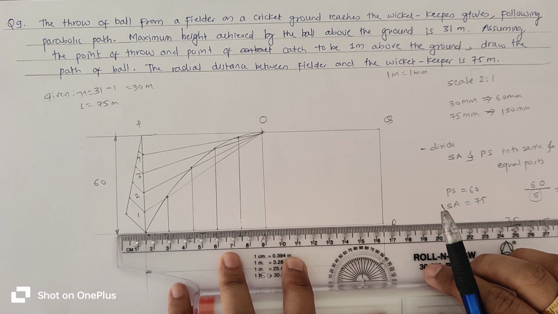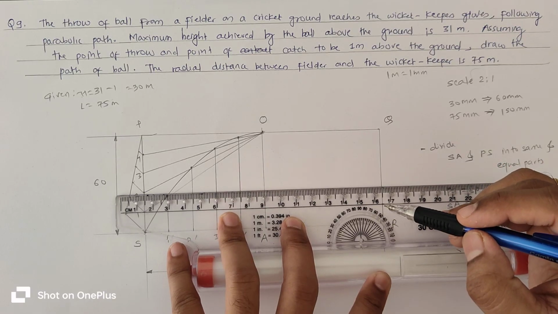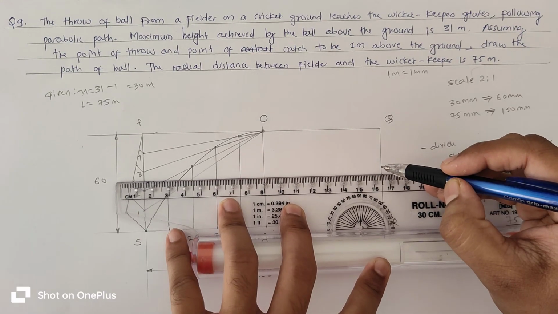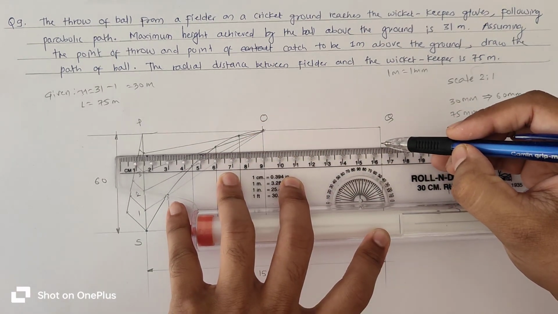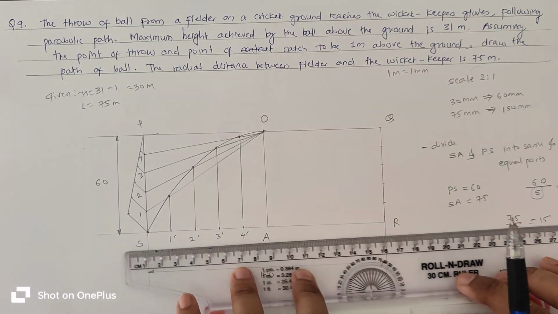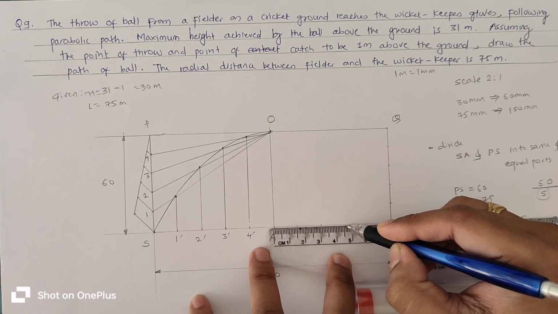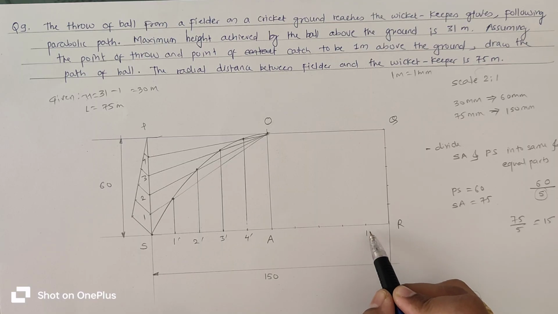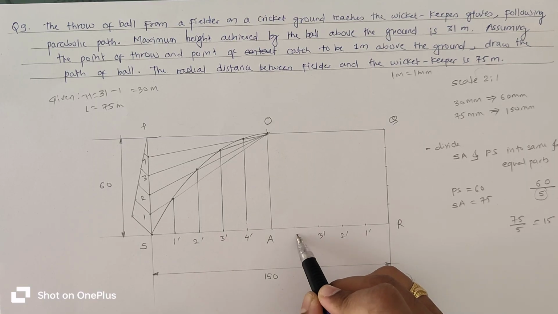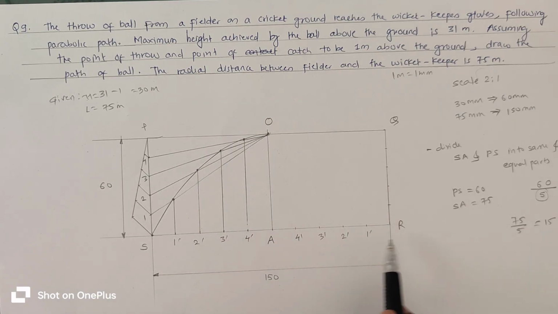Align the scale on this line, and from point 1 mark the point here. Mark points like this. These are the mirror points. So considering OA as a mirror, these points will be mirror points.